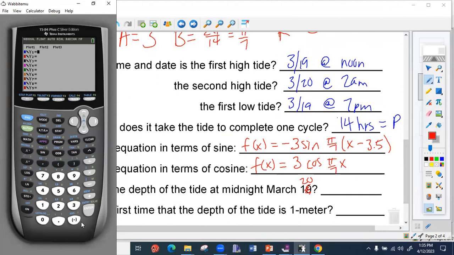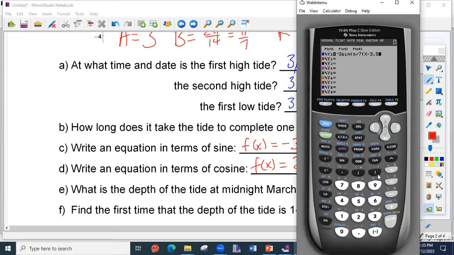If we have negative 3 sine, and we have pi over 7 times x minus 3.5, close. I don't know why my calculator jumped across the page.